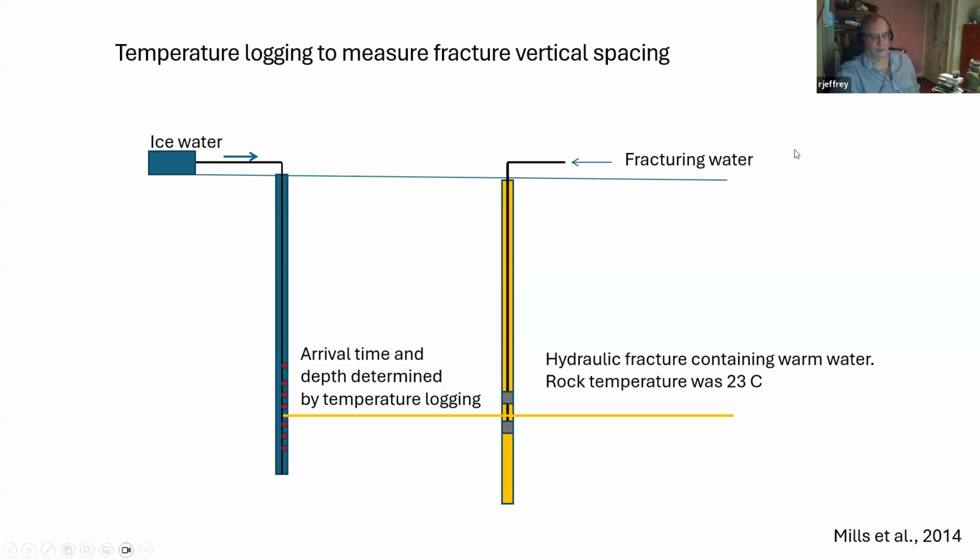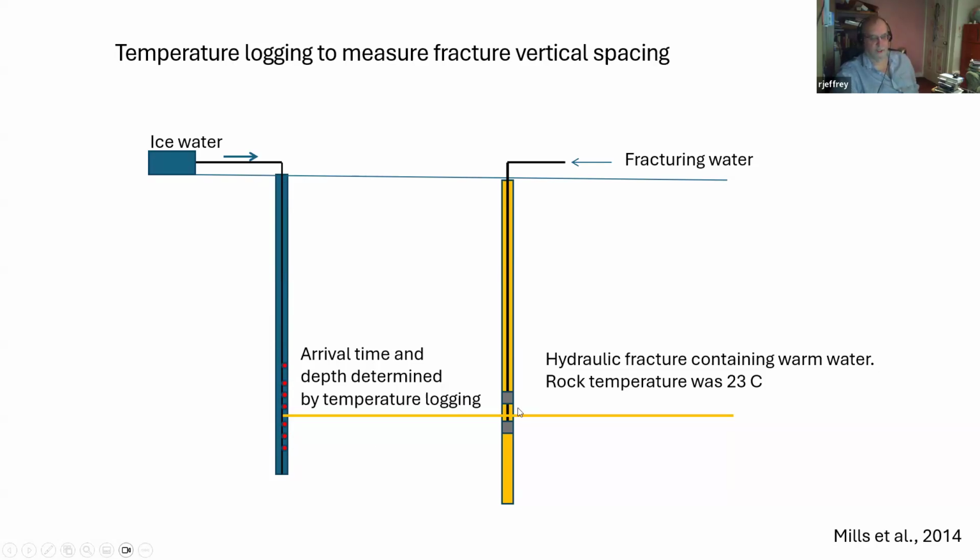But the way this worked is that the monitored borehole, which was the next one to be fractured, was filled with water to the surface, and then before fracturing, the lower portion of it was filled with cold water, and a temperature sensing string with discrete temperature sensors was run in to cover the area where the fractures should arrive.